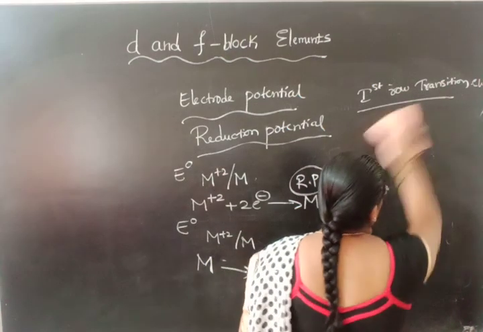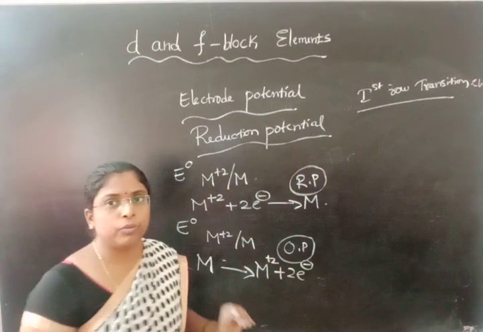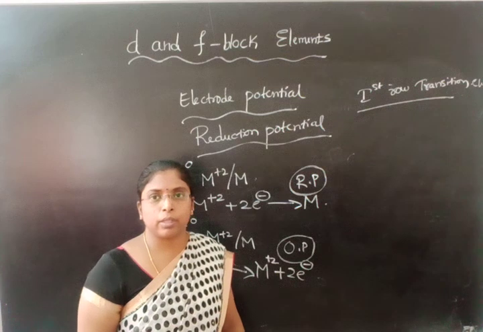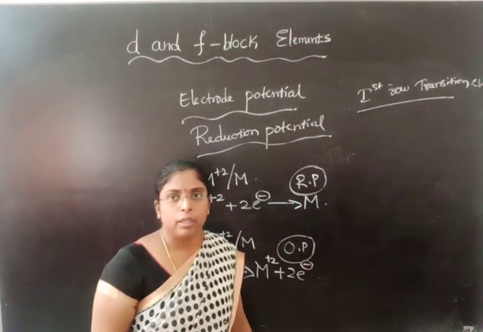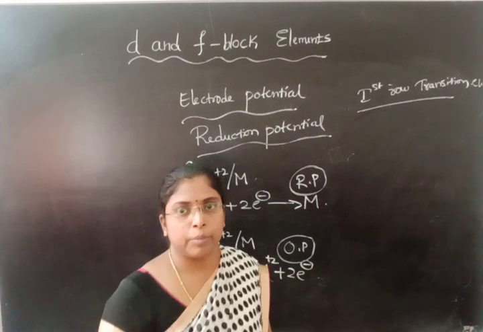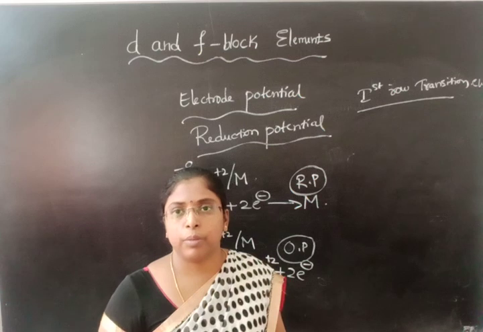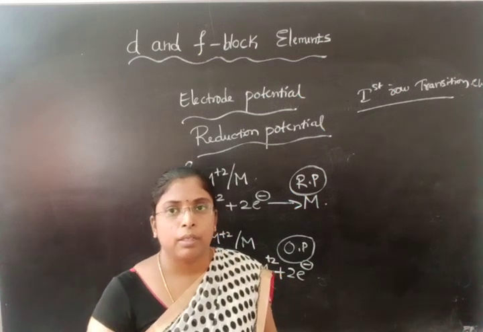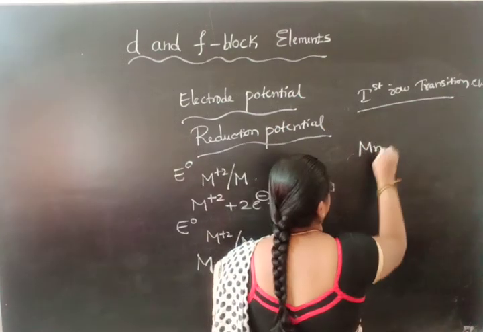In first row transition elements, when you move from left to right, the negative electrode potential goes on decreasing. It becomes less negative. Let us see some examples like Mn plus 2.